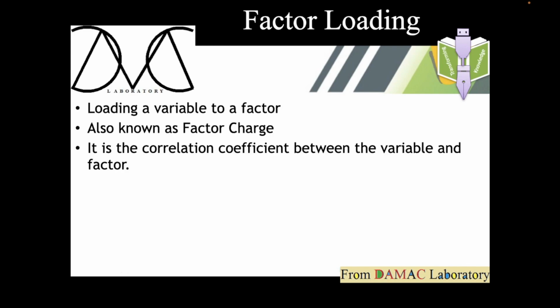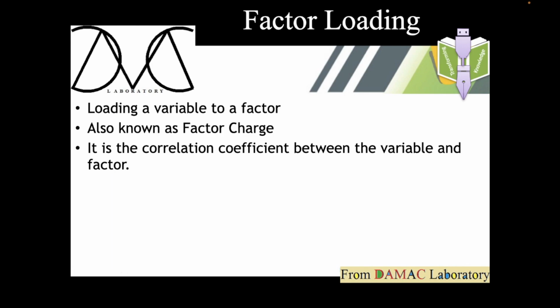Now, loading a variable to a factor: how can you relate which variable to which factor? Till now you know how many factors are ideal for this particular data set, which you can find out by the way I have explained. But which variable goes to which factor is another thing, and here factor loadings come into play.